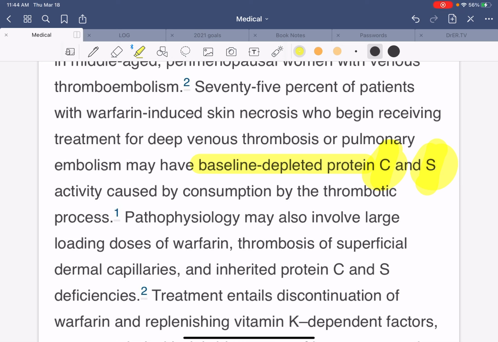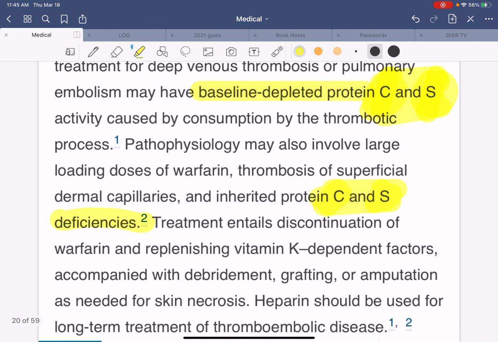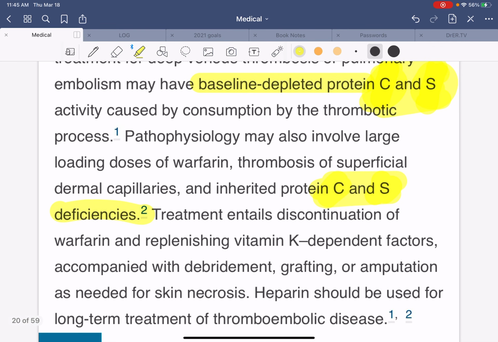Pathophysiology may also involve large loading doses of warfarin, thrombosis of superficial dermal capillaries, and inherited protein C and S deficiency. So not only people who acquire a deficiency of protein C and S, but people who already have it genetically.